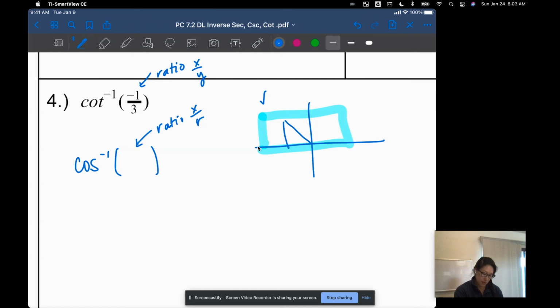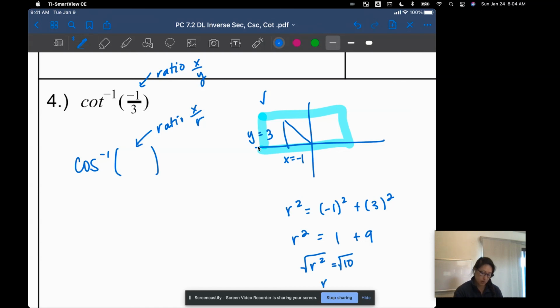I'm going to use the negative 1 as my x, and the y is going to be 3. So to find r, I use negative 1 squared plus 3 squared. So r squared is equal to 1 plus 9, which is 10. So r squared is equal to 10.